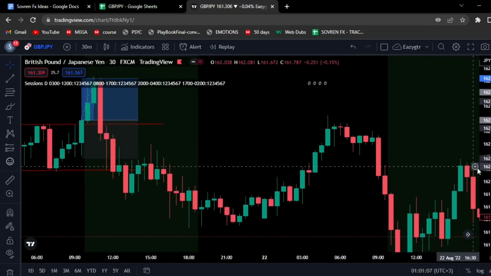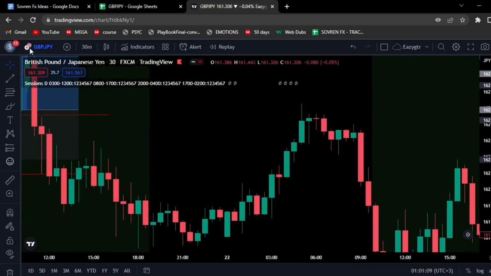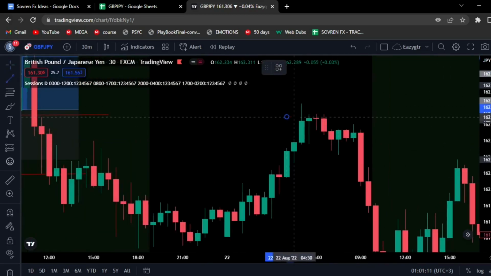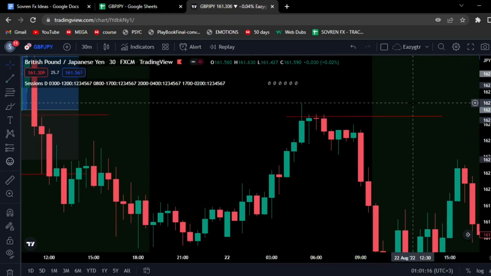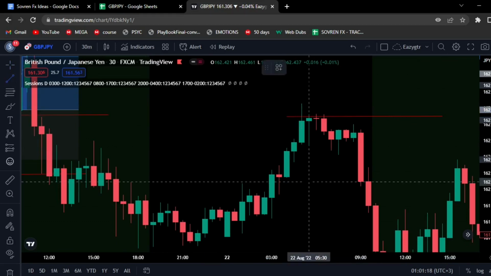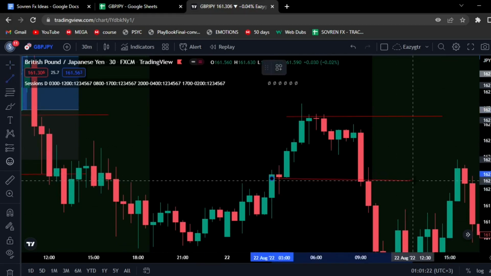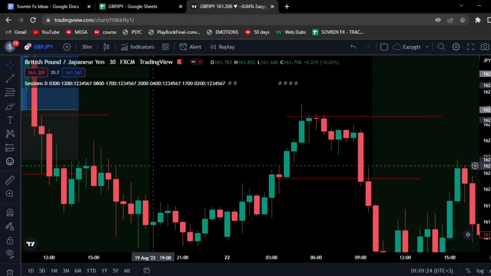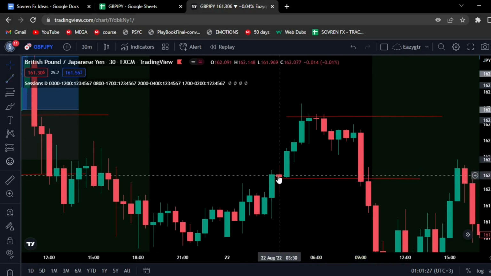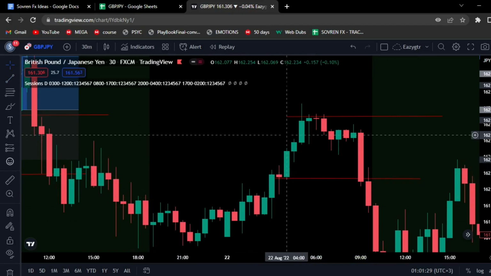Okay, on the last example, what do we have here? We have our resistance, and this is where I draw my support. Why, you ask? Because I have a bearish and bullish candle.